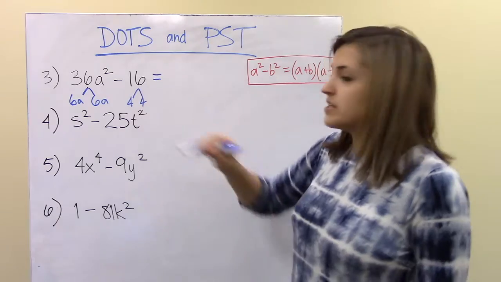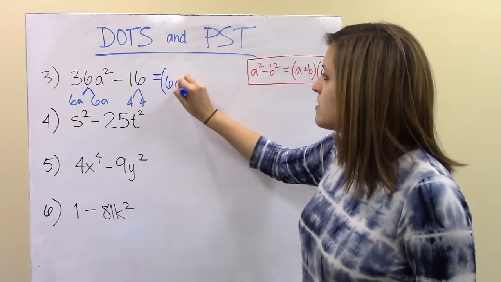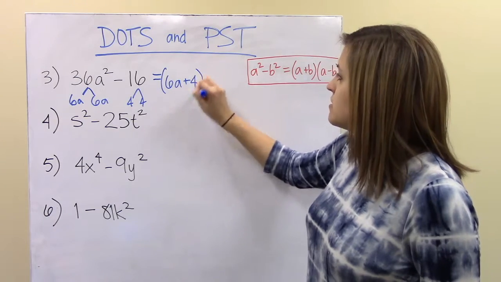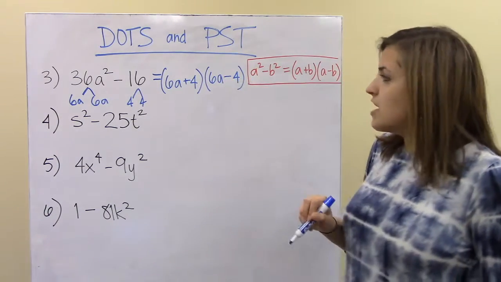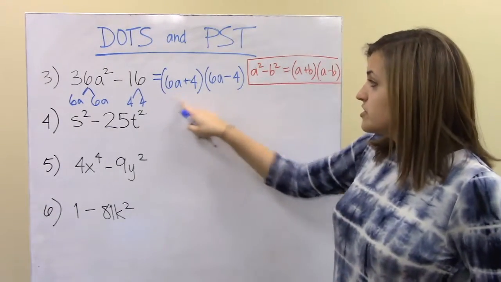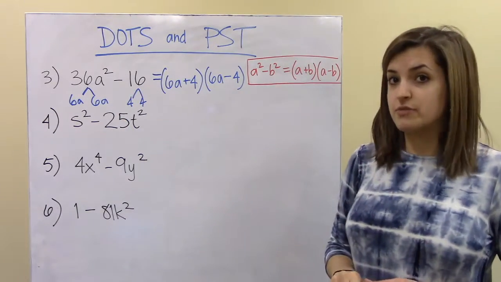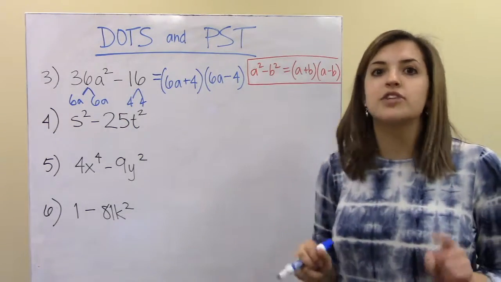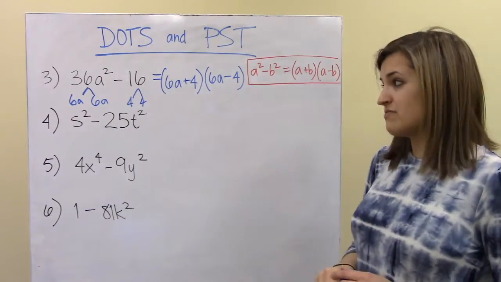When it's factored, it's going to look like 6a plus 4 times 6a minus 4. Now if we were to FOIL this expression out, we would get 36a squared minus 16. This is an excellent way to check yourself if you're not sure that your factored form is correct.